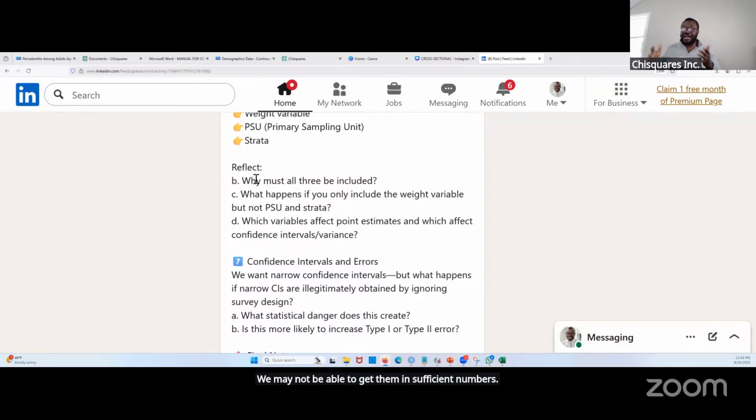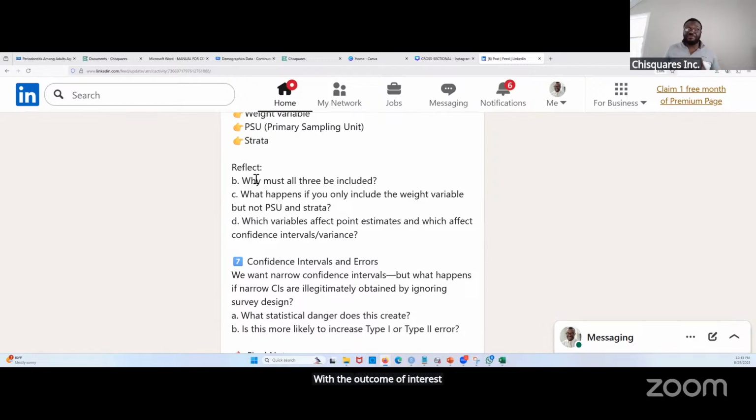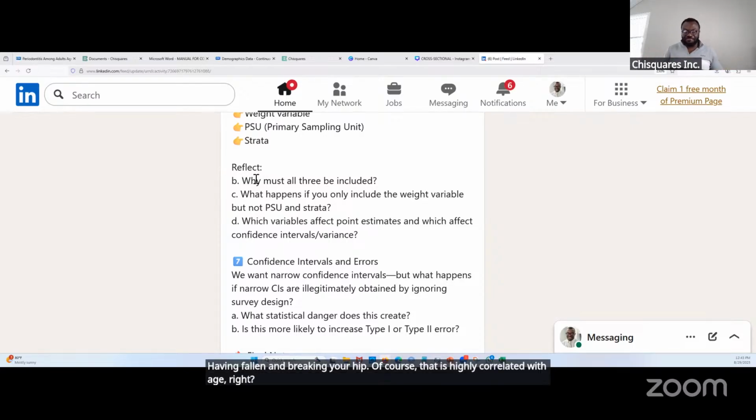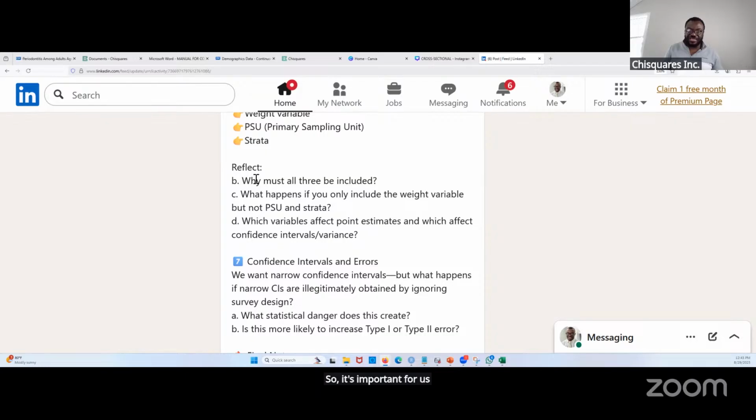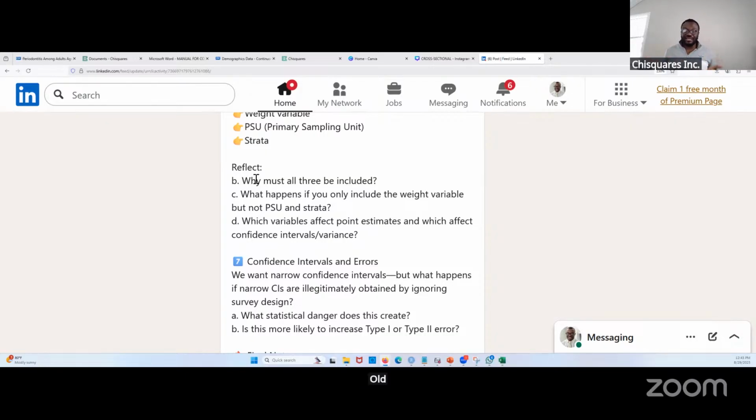And they are a key demographic, very related to the research question. So we don't just stratify on anything and everything. We stratify only on things that are highly correlated with the outcome of interest. Here the outcome of interest is falling and breaking your hip, which is of course highly correlated with age. So it's important that our study has sufficient representation of older people. So that's decision number 1.